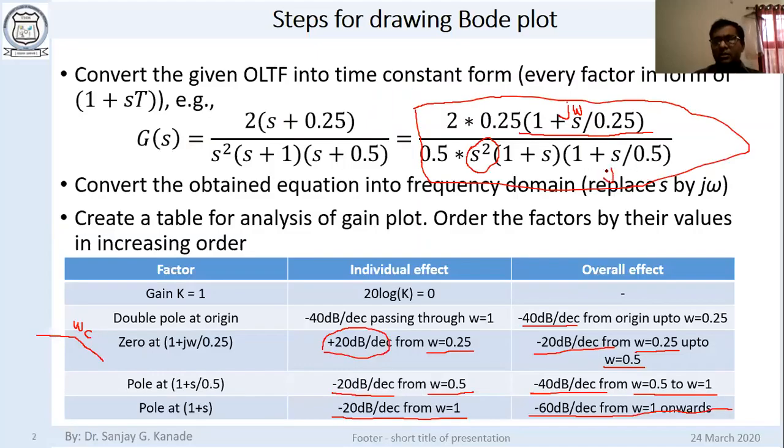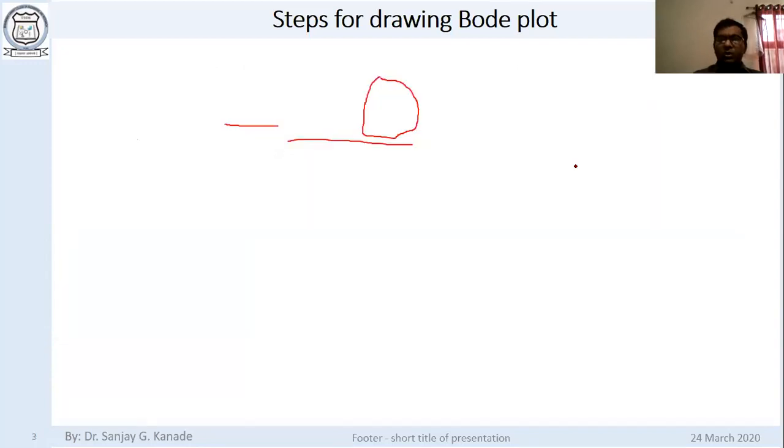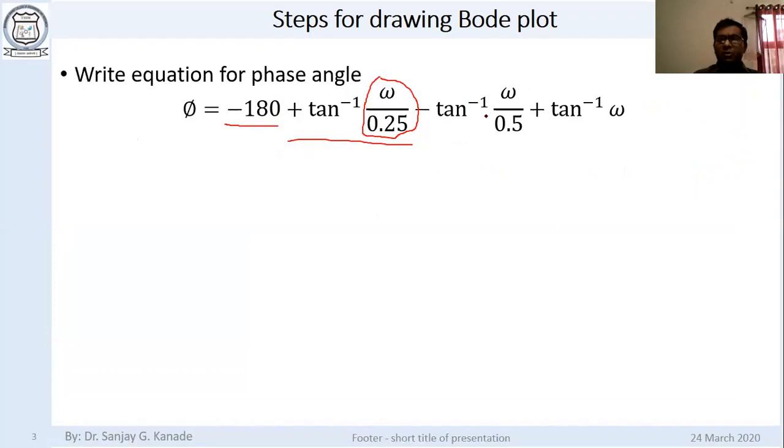Here S is j omega, right? So the angle contributed by this is tan inverse of omega upon 0.5 divided by 1, means what? Tan inverse of omega upon 0.5. And since it is in the denominator, we have a negative sign. Similarly, we calculate all this equation.